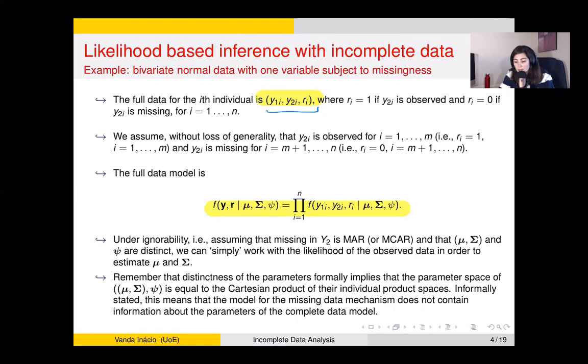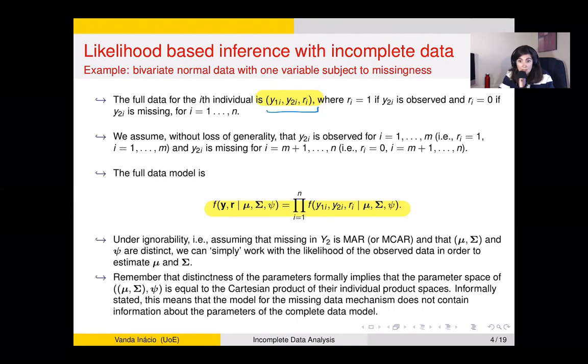So I assume that the missingness in y2 is missing at random or missing completely at random, and that the mean vector and the variance covariance matrix are distinct from psi. So the parameters from our data model are distinct from the parameters from the missing data mechanism.